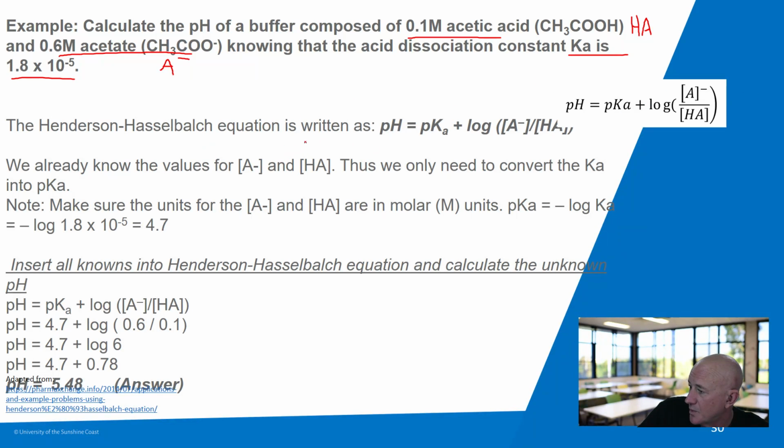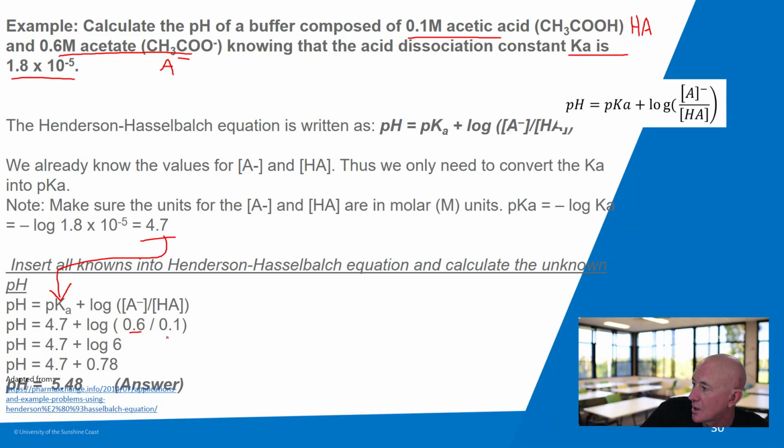Let's plug some numbers in here. pH is equal to the pKa. Well, the pKa of 1.8 by 10 to the minus 5 is 4.7. Plug it in there. The A minus concentration, here it is, is 0.6.